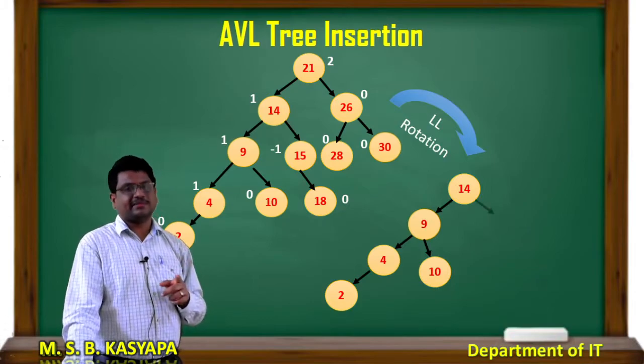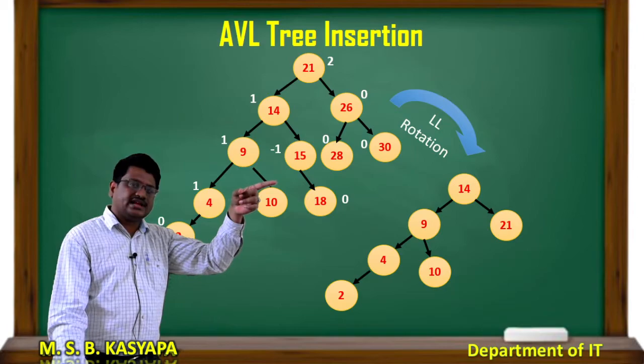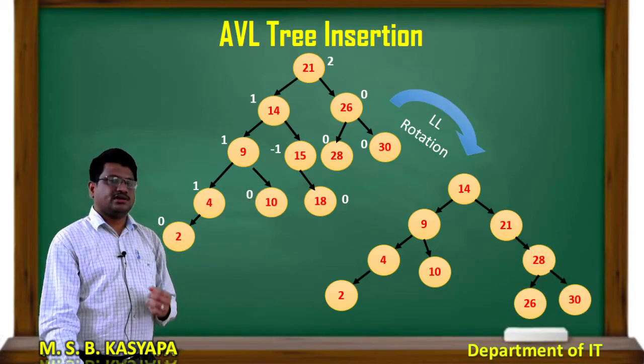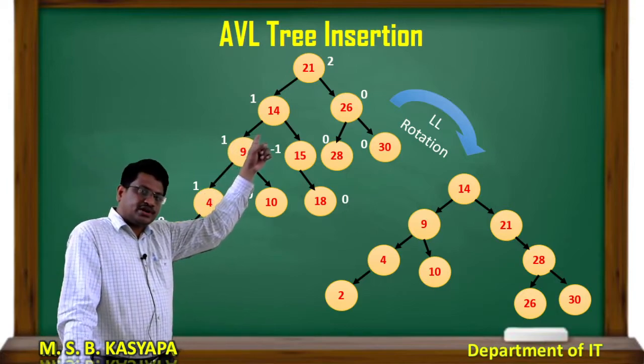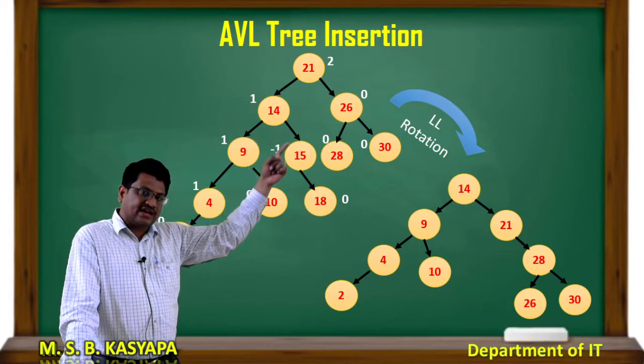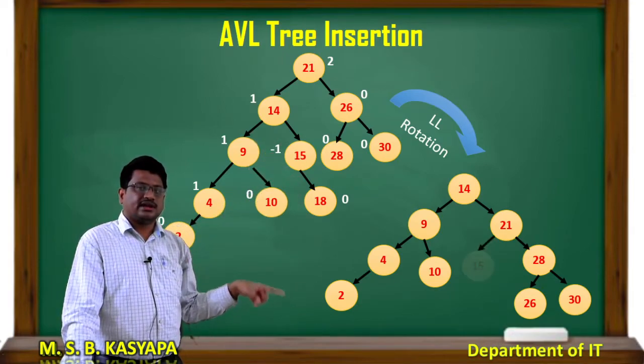Now the root node will become the right child. If that root node has any right subtree, it becomes the right subtree. Now this particular node, the left we are moving to the root node; if it has any right subtree, it is moved to the right subtree as a left child. Okay, right subtree, left child.